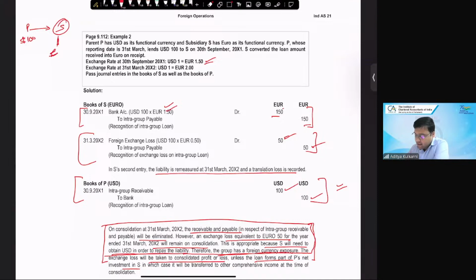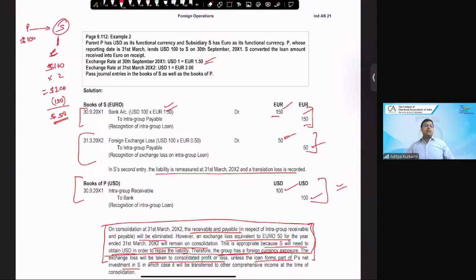So bank account debit to intra-group payable 150. This is a monetary item for the subsidiary, because it is a loan. Therefore, the subsidiary has to do a restatement to 200. 150 was already recognized in the opening, and therefore there is an exchange loss of 50.